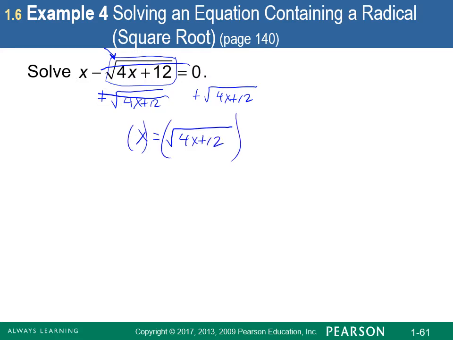Now we will square both sides. On the left we have x squared. On the right, the square of a square root just wipes each other out.